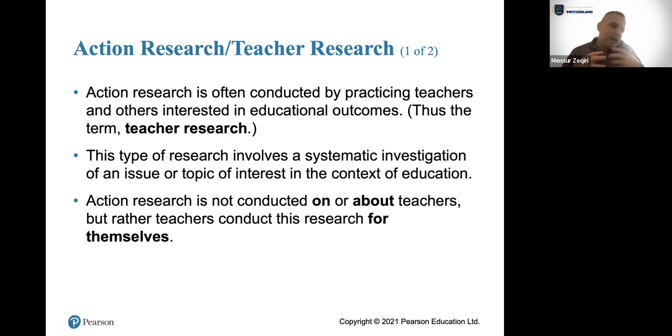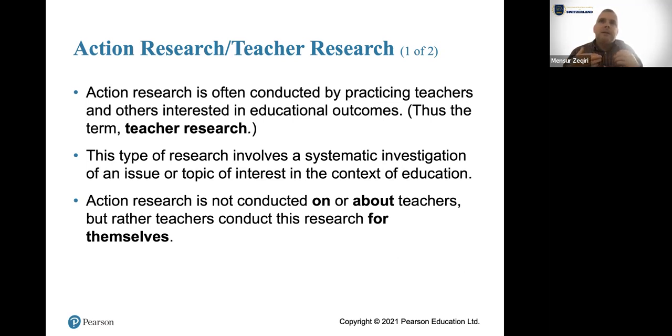And the why they do this investigation is simply to inform their own practices and enhance the student learning and outcome. So if they would like, let's say, to change things or a new teaching method, to develop new things, simply they do research for their own purposes in order to inform their own practices, what they need to change, what they need to do better in order to enhance the student learning and outcomes.